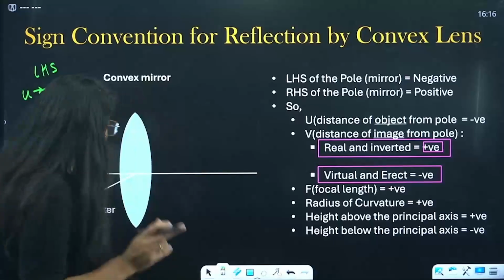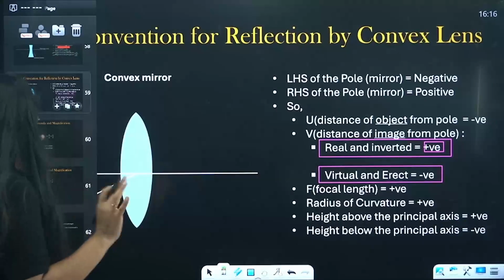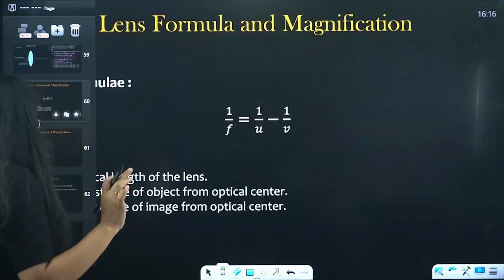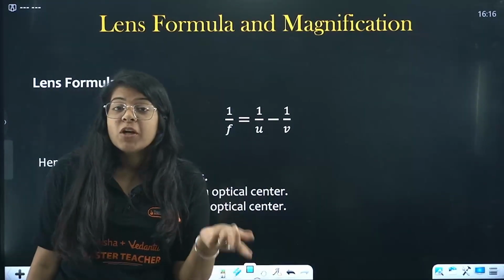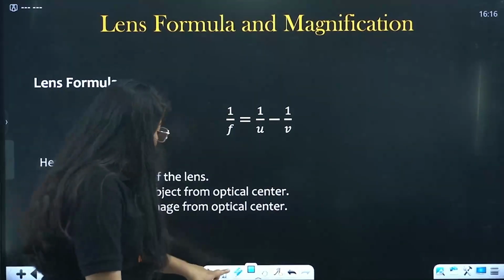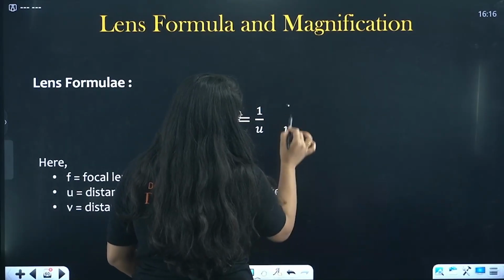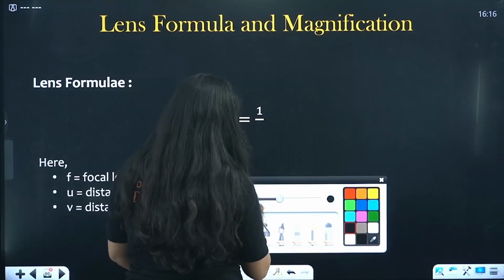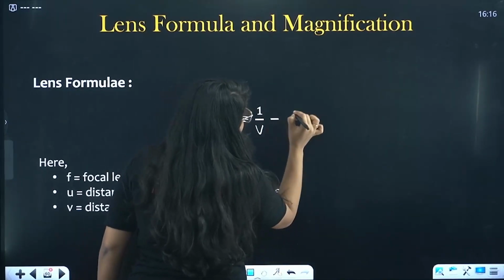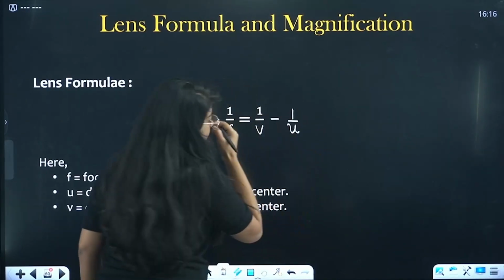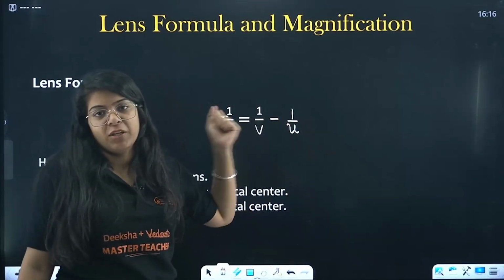Done. Now one thing that is left is your two or three formulas. First, just like you studied the mirror formula, you have the lens formula, and the only difference is that the formula is 1 by V minus 1 by U. In the mirror formula, you had 1 by V plus 1 by U, right?